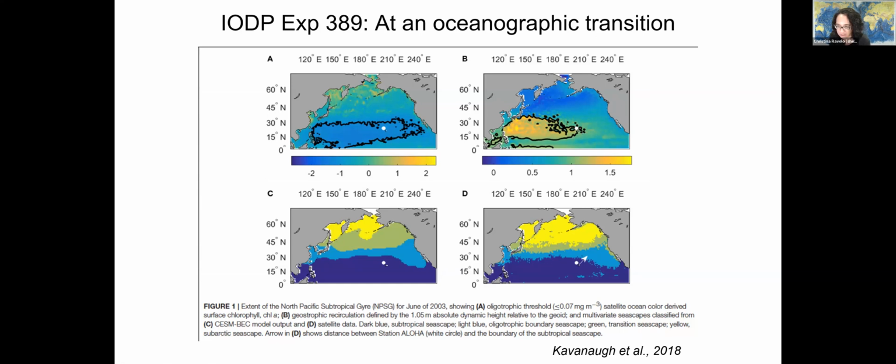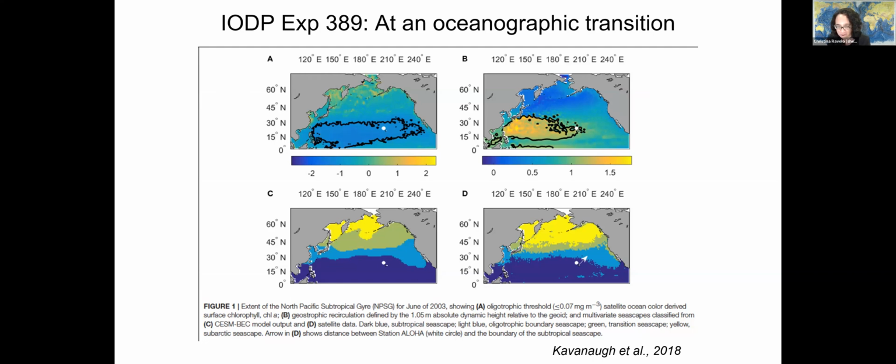And then C and D are both multivariate seascapes defined by temperature, chlorophyll, and a number of parameters. And this just shows, in this particular paper, how there's been a recent expansion of the subtropical gyre, and Hawaii sits at this very sensitive place where we can see early indications of the expansion of the subtropical gyre in the last decades.